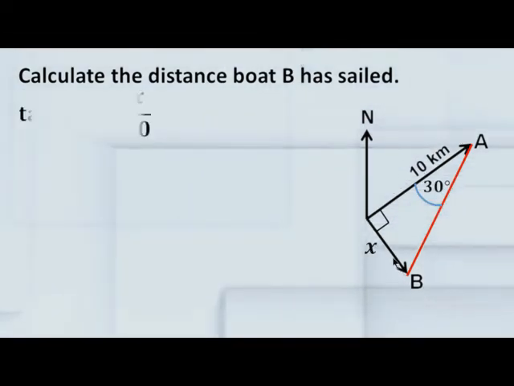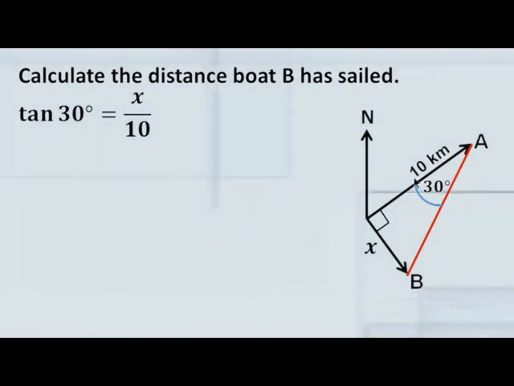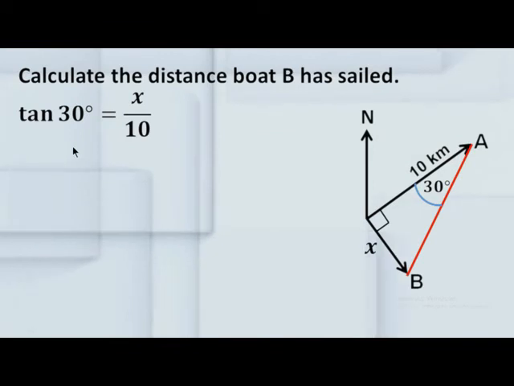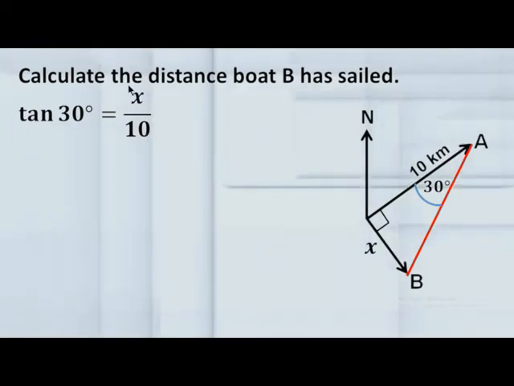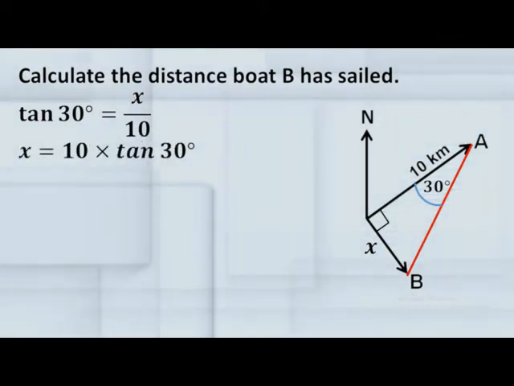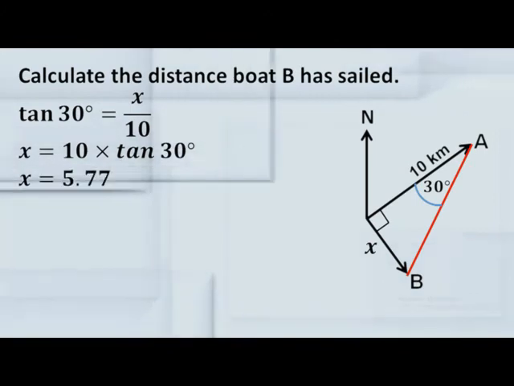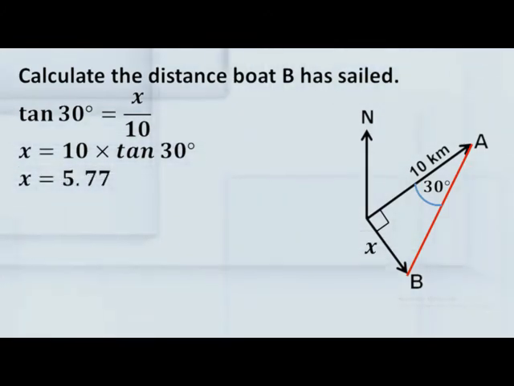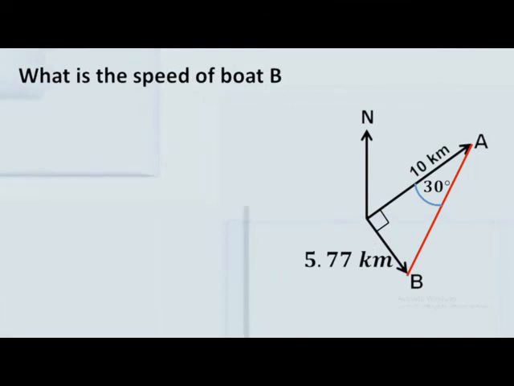Since we are going to find the opposite and we know the adjacent, we are going to use tan. Tangent 30 degrees equal to x per 10, because tan is opposite per adjacent. So x equal to 10 multiplied with tangent 30. So the value of x equal to 5.77 kilometers. This is the distance that boat B has sailed.